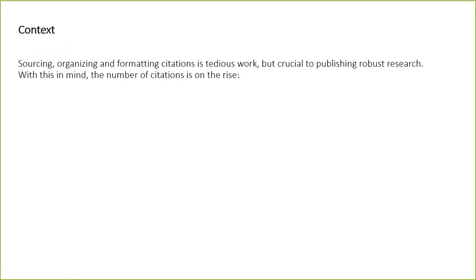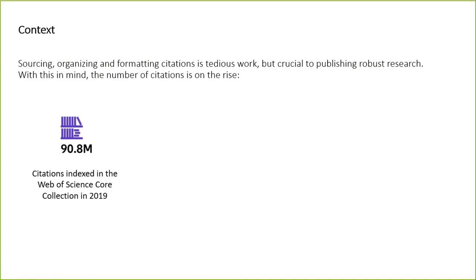Sourcing, getting all the references, organizing them, and formatting them correctly is quite time consuming, but it is also crucial when you want to publish your research. We've seen that in the past 10 years, the number of citations is on the rise.